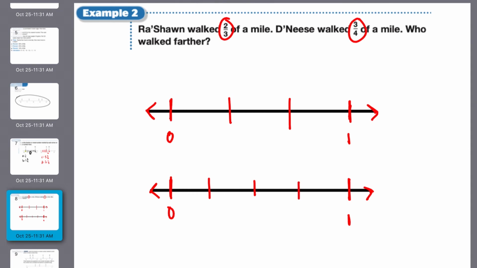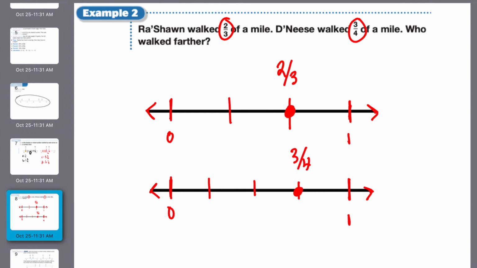So it says 2/3 or 3/4. Which one is longer? So right here we have 2/3. And right here we have 3/4.